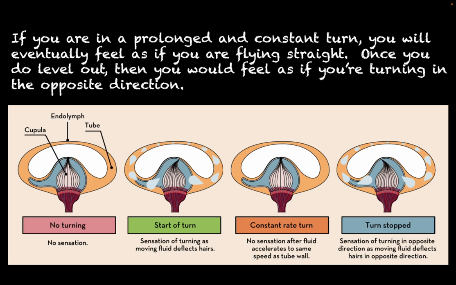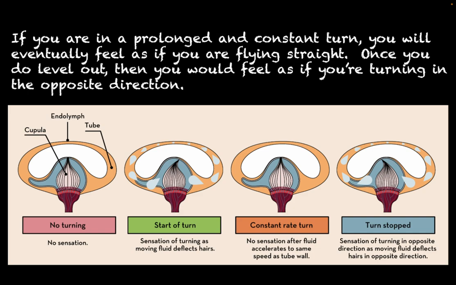And the reason why that can actually be kind of dangerous, and we'll discuss this here in a minute when we start discussing what's called the leans, is when you actually come out of that banked turn. So let's say that you're in that banked turn for 20 seconds, you start feeling as if you're maintaining level flight, but then you look at your instruments and see that you're still in that banked turn. So you turn back to the left to get yourself back to level flight.